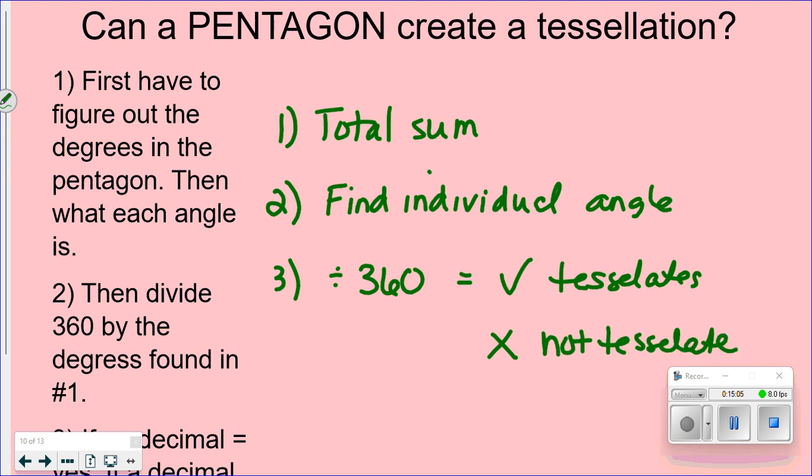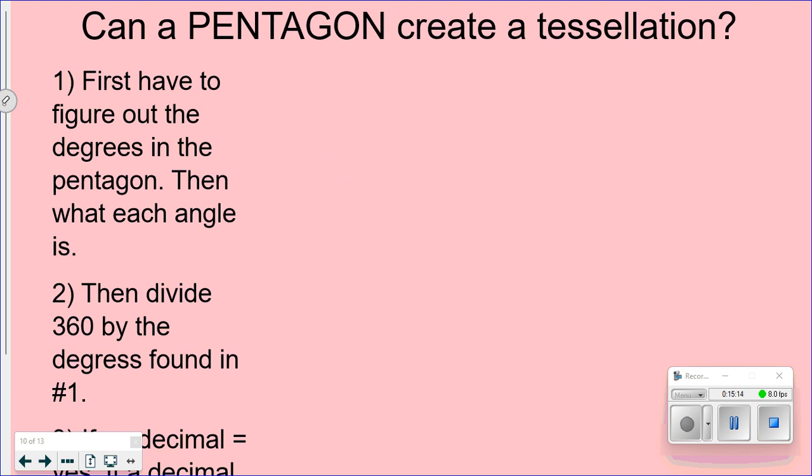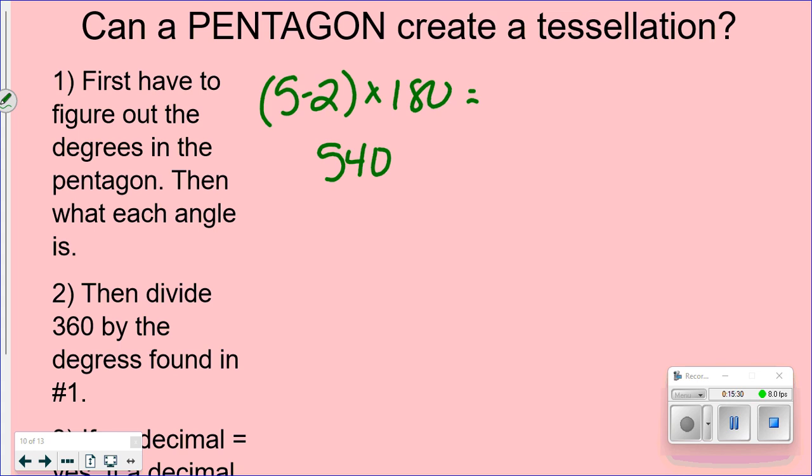Okay, so let's do this one together. Does a pentagon tessellate? It's a five-sided figure, so the first thing we're going to do is find the sum in there. So it's 5 minus 2 times 180. We did this already. So it'd be 3 times 180, which is 540. Then we're going to find out what each individual one is, so we're going to divide by 5.